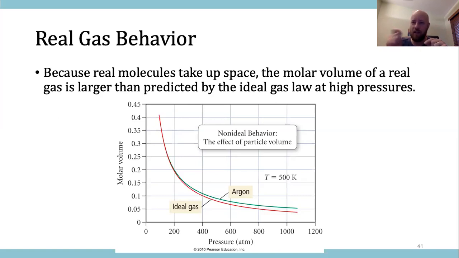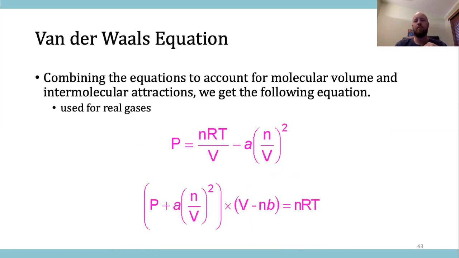You need something slightly different that's going to apply a little more fine tuning. And so what you get is this. We're not going to deal with this at all, which is why there's no little star on our slides. This is the van der Waals equation, which is the more realistic equation that takes into account things like size and attraction and repulsion forces.